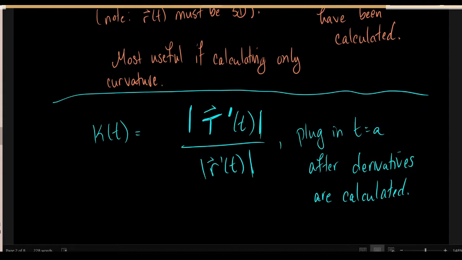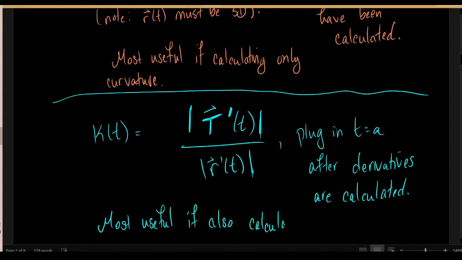When you're going to calculate the unit normal vector, you're going to need to get this quantity T prime anyway. And for that reason, I would say that this is most useful if also calculating the T, N, and B vectors: the unit tangent, unit normal, and unit binormal vectors.